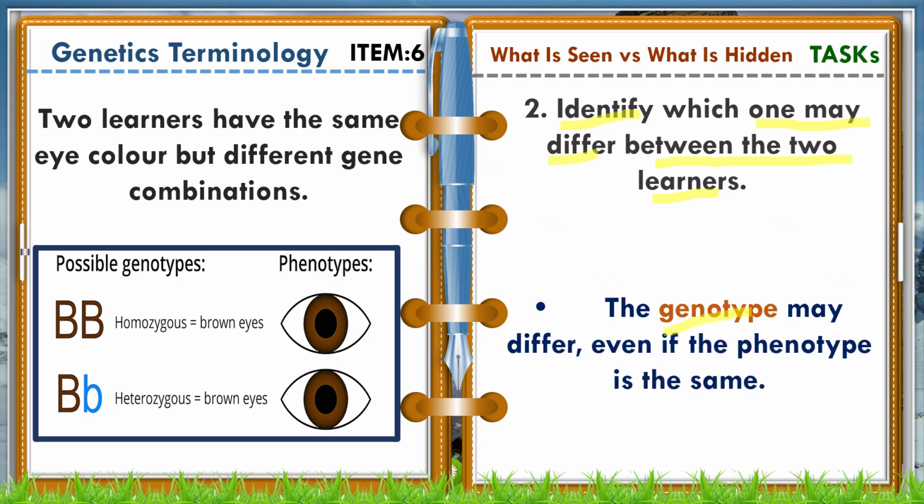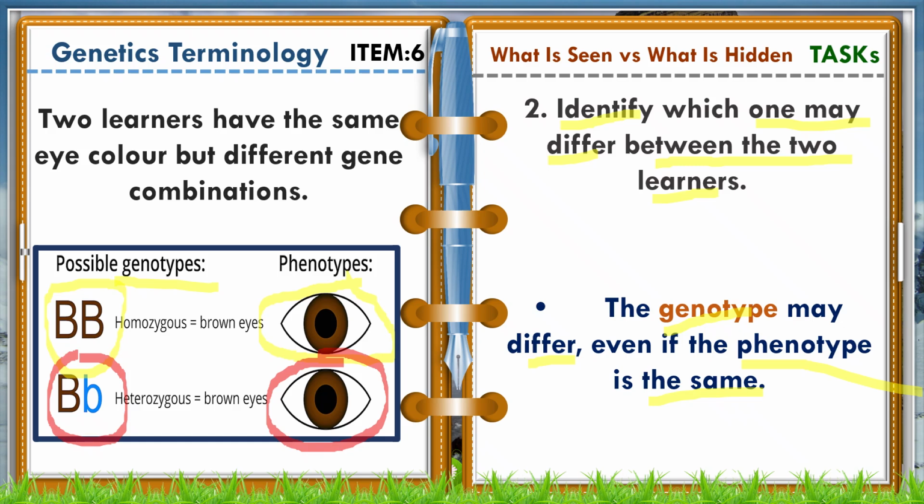The genotype may differ even if the phenotype is the same. So here what we are saying is that we have the genotype capital B, giving us a phenotype of brown eyes. And then we have a genotype capital B, small b, also giving us a phenotype of brown eye.